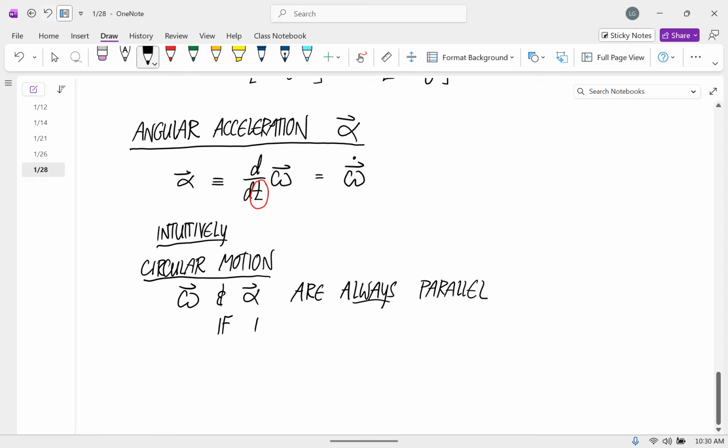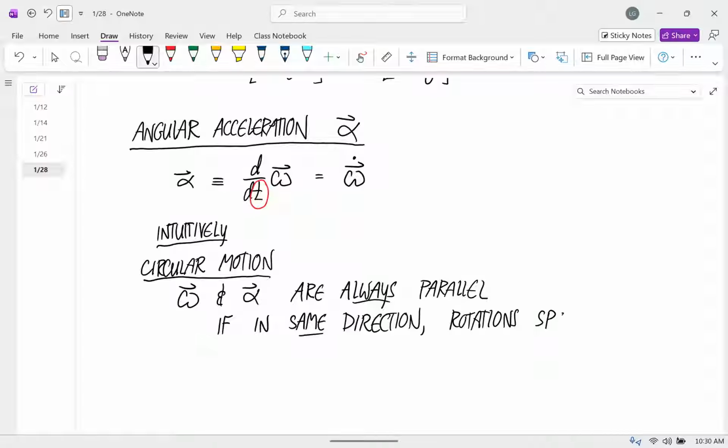And if they're in the same direction, the rotations are speeding up. And if they're in opposite directions, the rotations are slowing down.